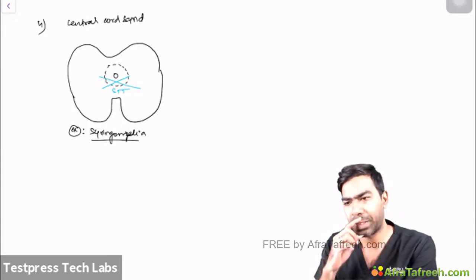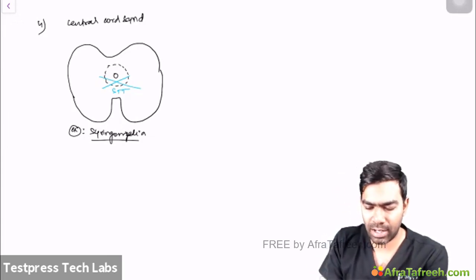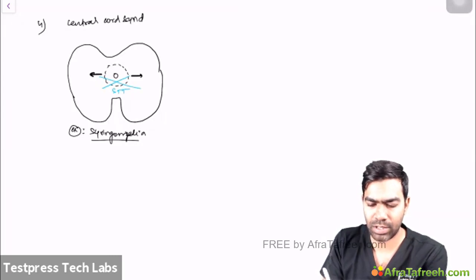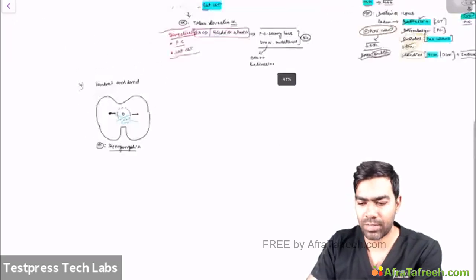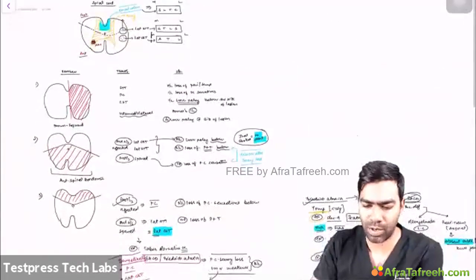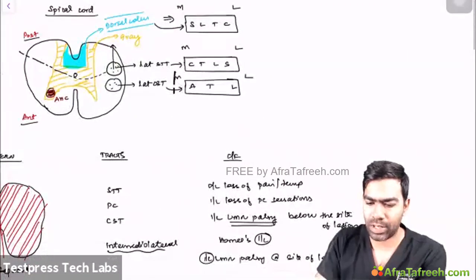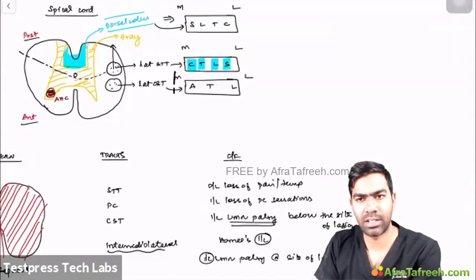And you know very well, as the central cord expands on the sides, spinothalamic tract fibers will be first affected. If you go to the diagram that we have drawn, spinothalamic tract is arranged from medial to lateral in a CTLS kind of pattern.